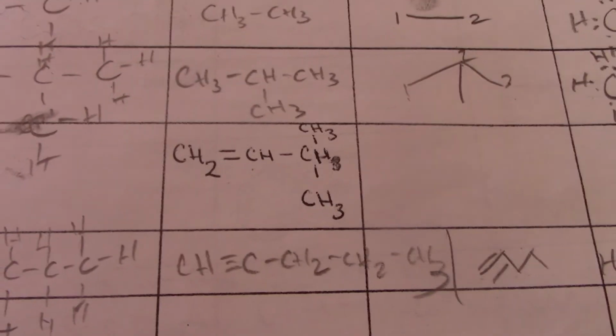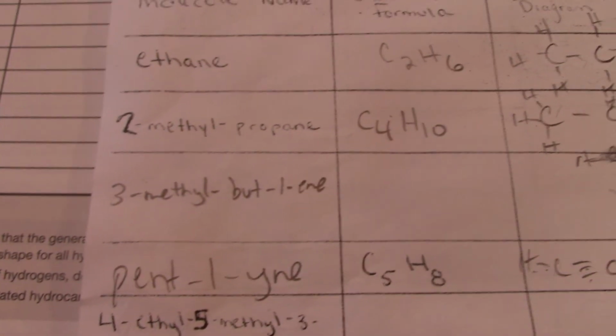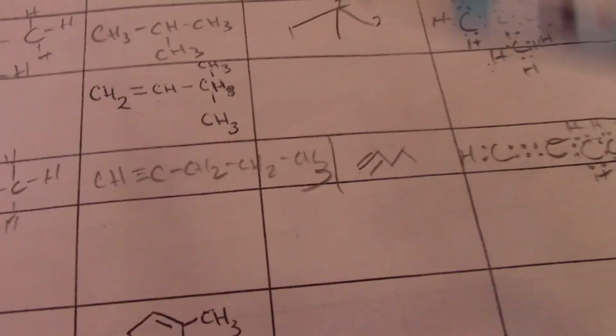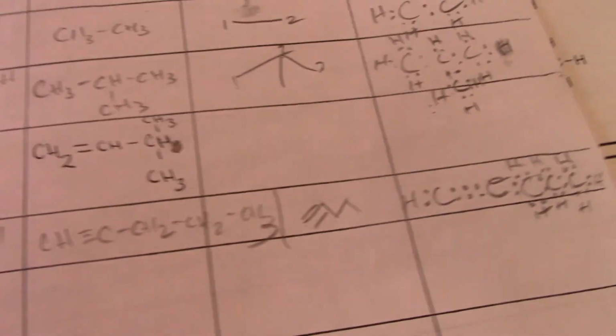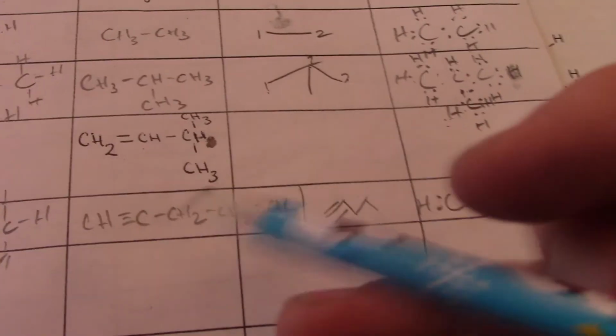So this guy right here, I'm going to name this 3-methylbut-1-ene. Okay, and let's count up how many carbons there are. So there's 5 carbons, so that's C5.